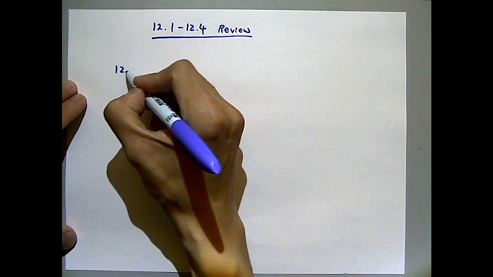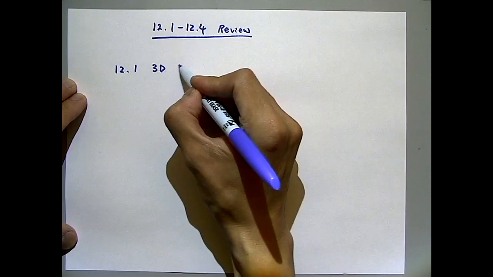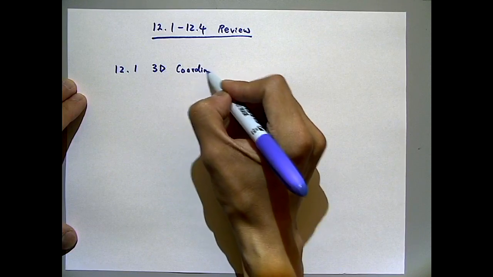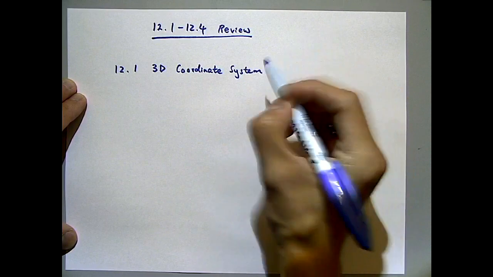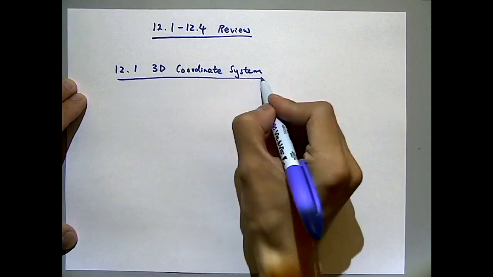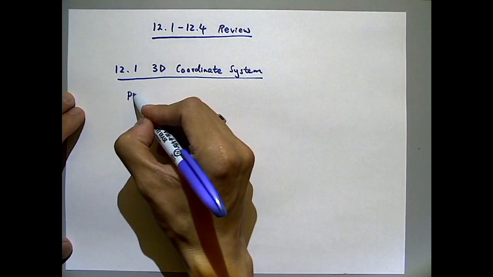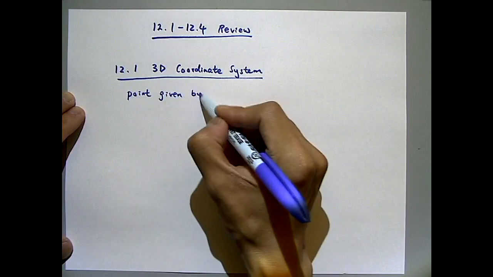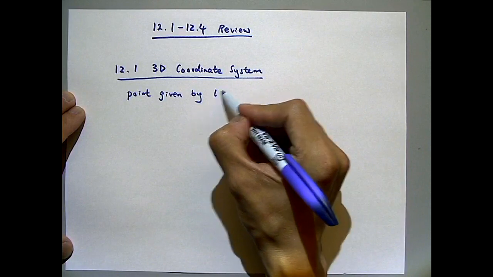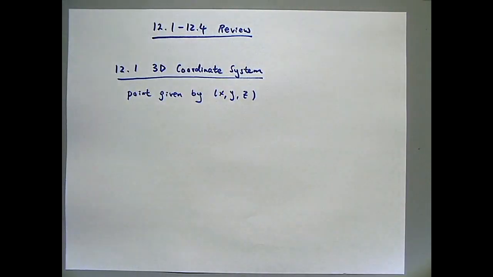All right, so very quickly, in 12.1, you saw the 3-dimensional coordinate system. In 3-dimensional coordinate system, remember, we specify the location of a point given by the x, y, and z components of that point.